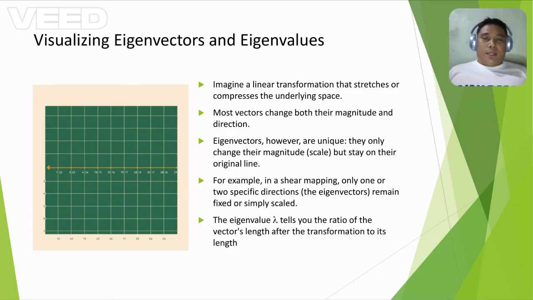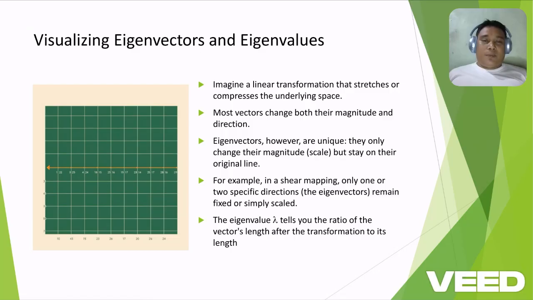Visualizing eigenvectors and eigenvalues. In this, we have a graph of a straight line. Imagine a linear transformation that stretches or compresses the underlying space. Most vectors change both their magnitude and direction. However, eigenvectors are unique.